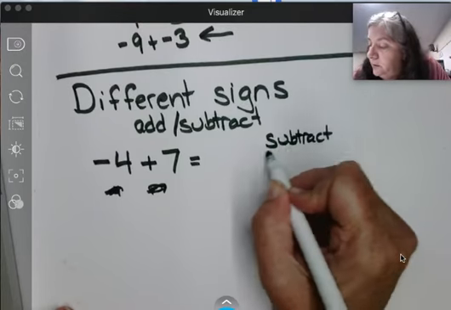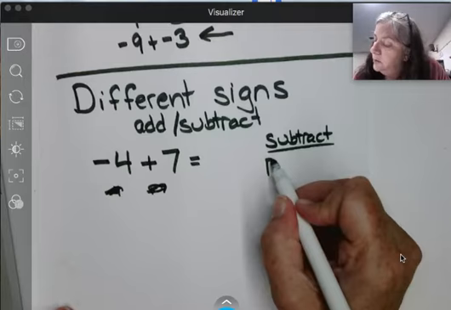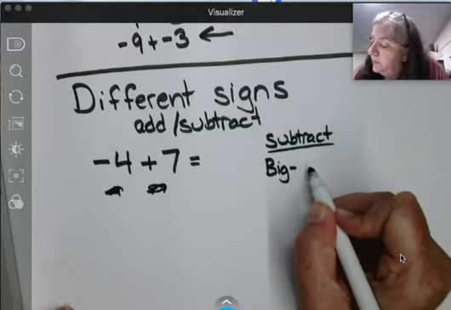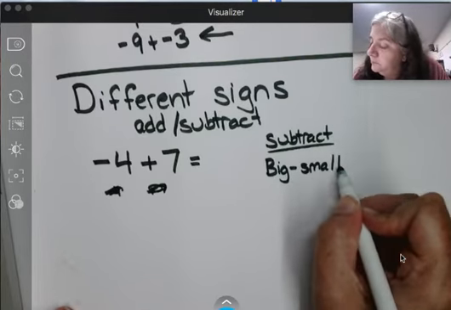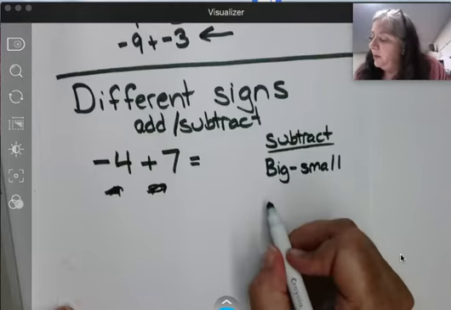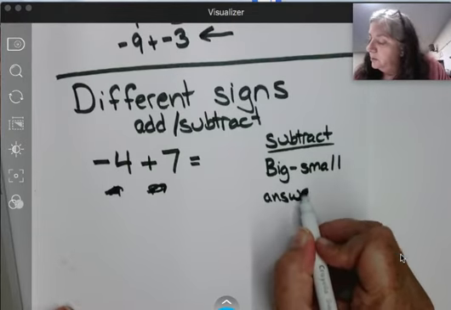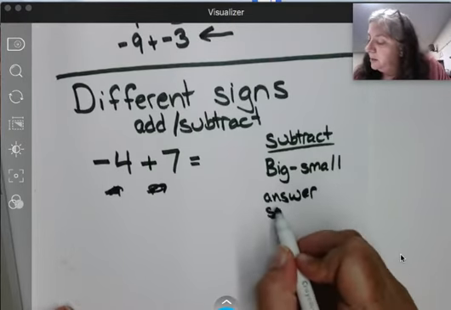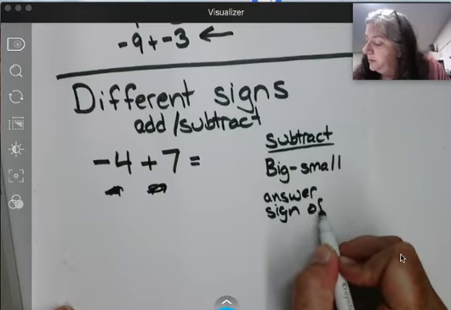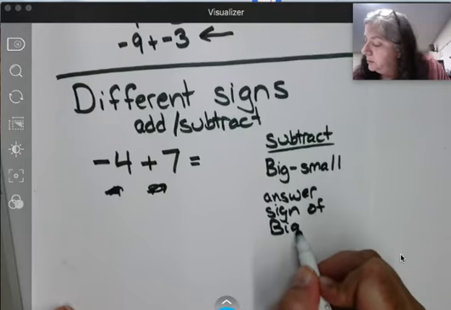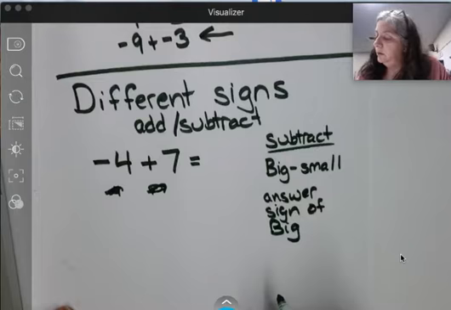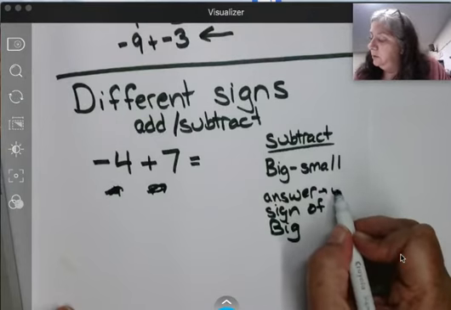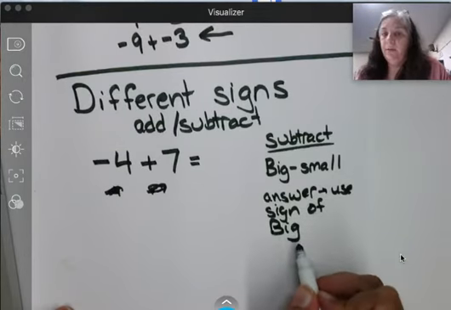If the signs are different, you're going to subtract. You're going to subtract big minus small. And then the answer has the sign of the big number. Okay, so the answer, you're going to use the sign of the big number.